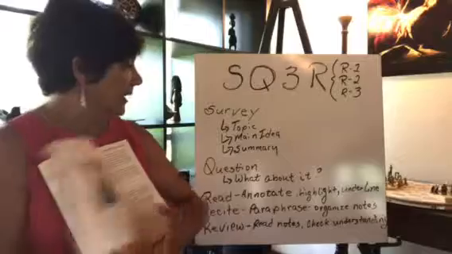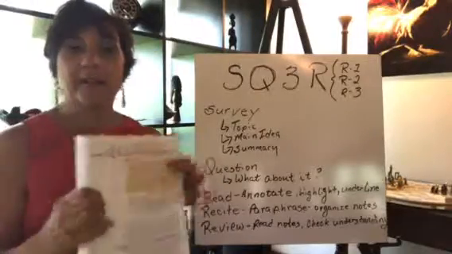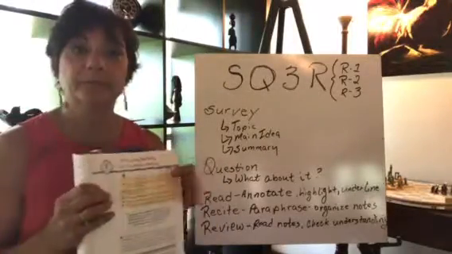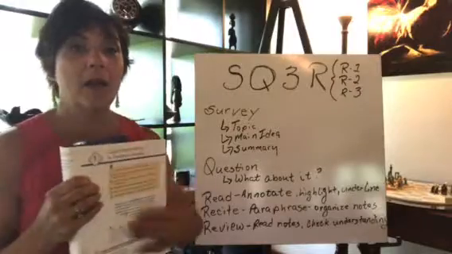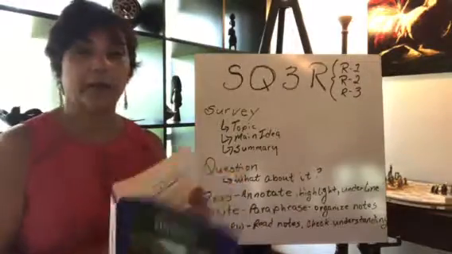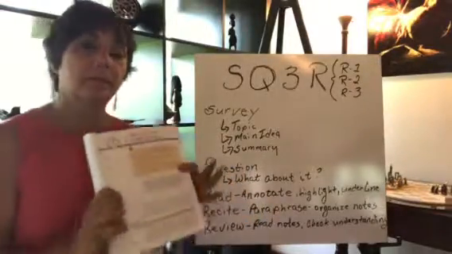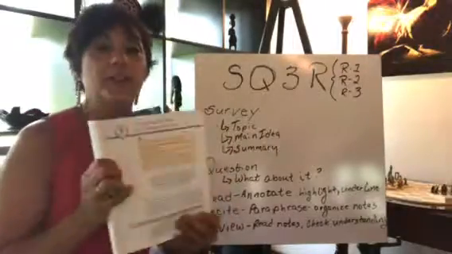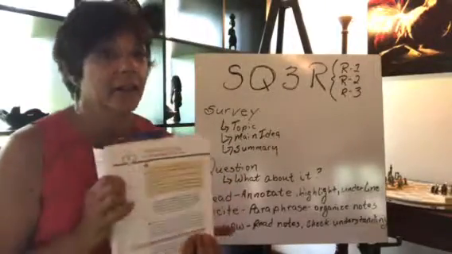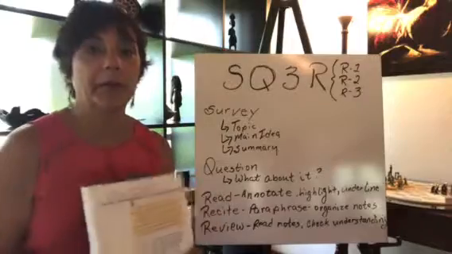Pictures, different things. So the topic's typically going to be pretty clear. It's going to be whatever's repeated throughout the chapter. For example, our topic is active reading strategy, the SQ3R reading strategy.